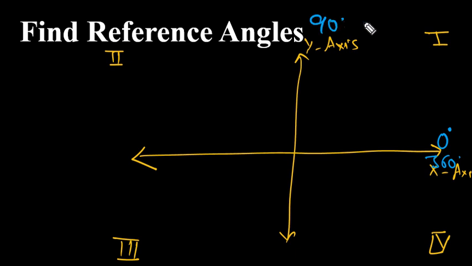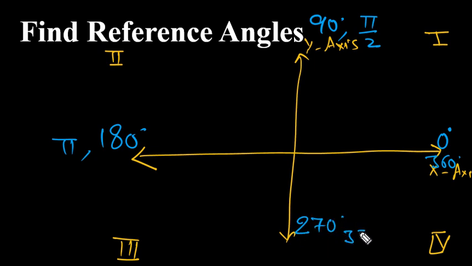Here it is 90 degree or pi by 2 in radians. Here it is 180 degree or pi in radians. 270 degree or 3 pi by 2 in radians, and this is 2 pi in radians, once you complete one full rotation.